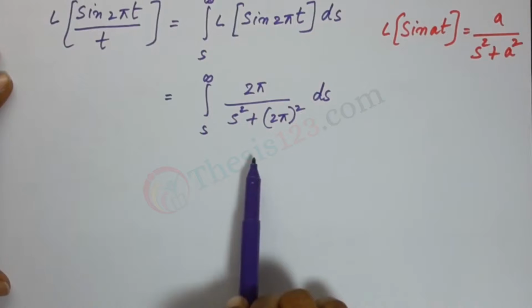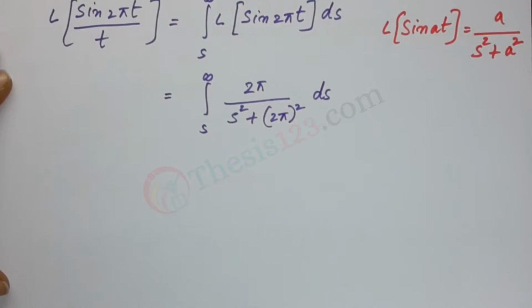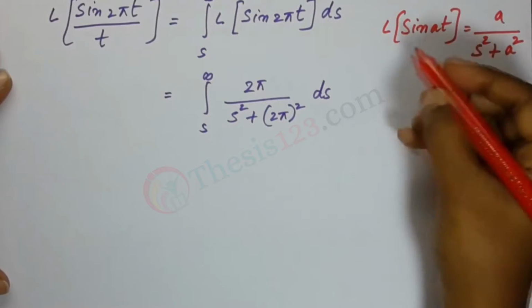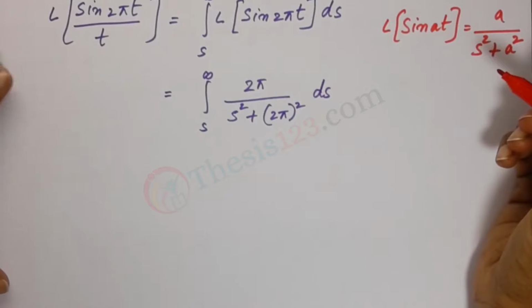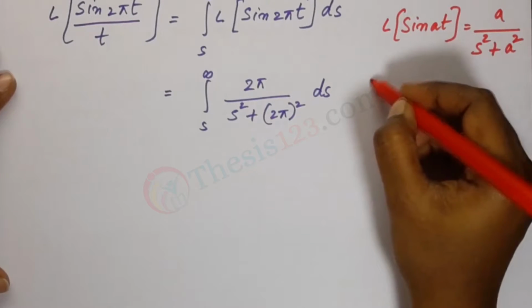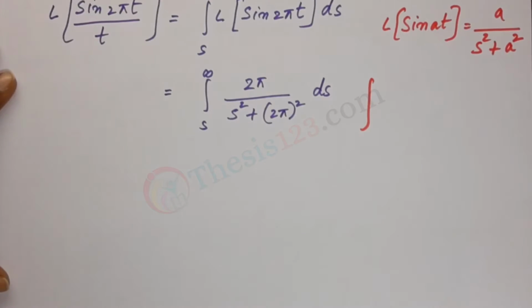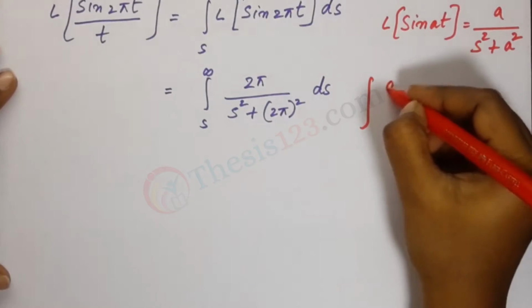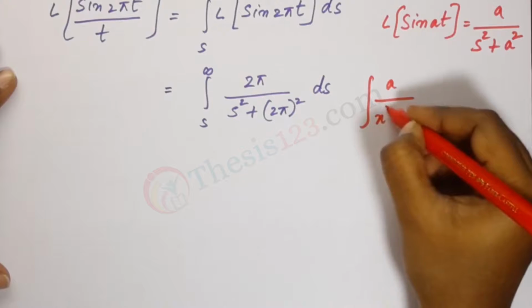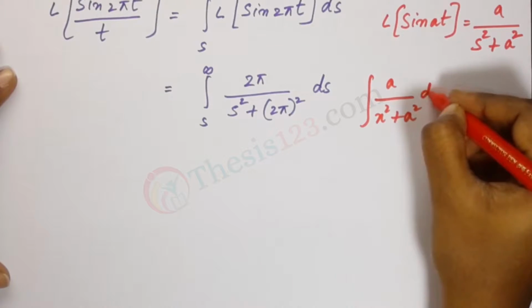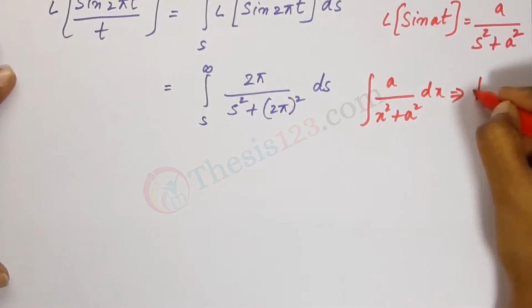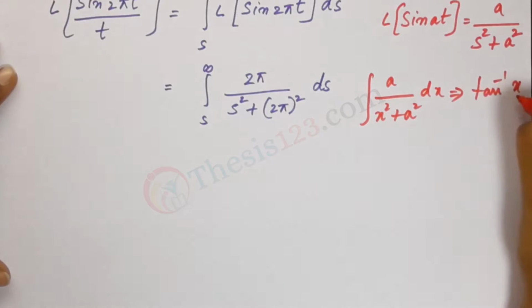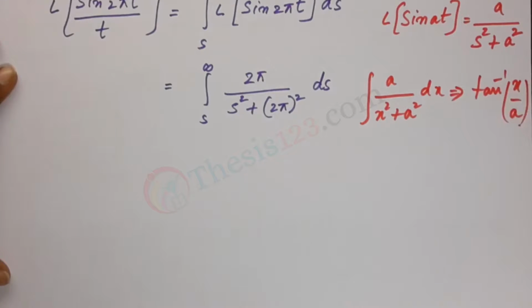Next, let's see what we have. We will have to use another formula, so let me write that down over here. This is an integration formula. We have done this in intermediate, so I want you to just remember that. The integral of a by x square plus a square dx is tan inverse of x by a. Do you remember this?